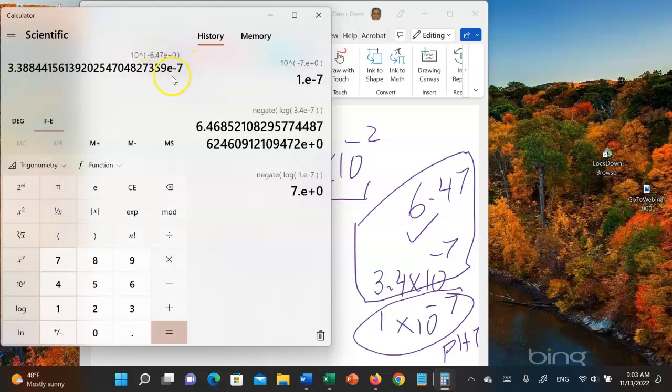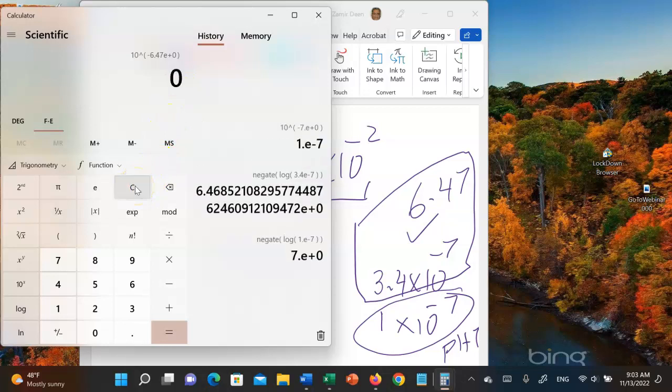You have to go all the way to look for the 10 to minus 7 exponent. And I got to 2 sig figs, so to 2 sig figs, it's going to be 3.4 times 10 to minus 7.